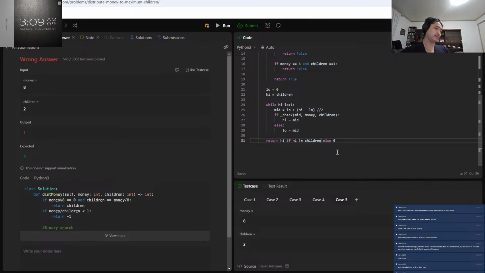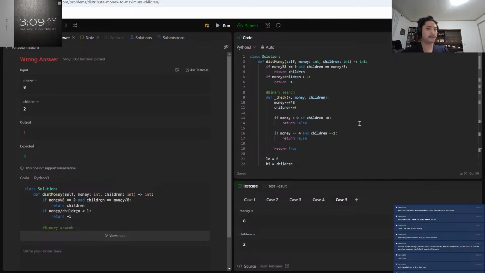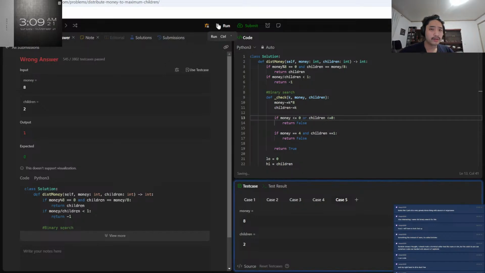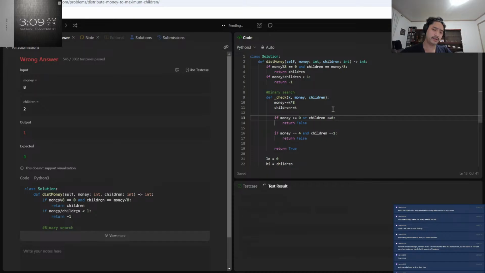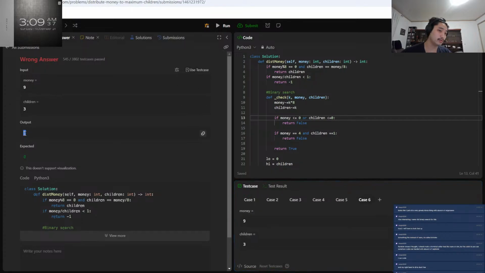Yeah, why would this work? Maybe I have to go back to this. Weird. Yeah, it was like, okay. So I had it correctly initially. Yeah, why would this return 1?